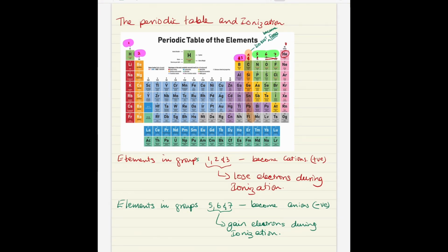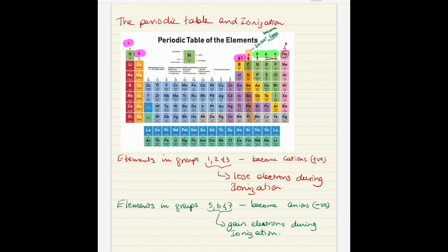So let us look closely at it again. Notice that these elements, 1, 2, and 3, especially this and these, all of these are metals. By the way, these two also lose electrons during ionization, but we don't talk much about them at grade 9.